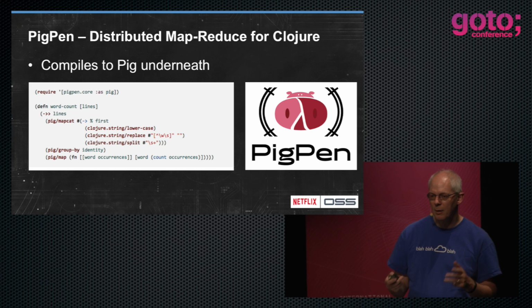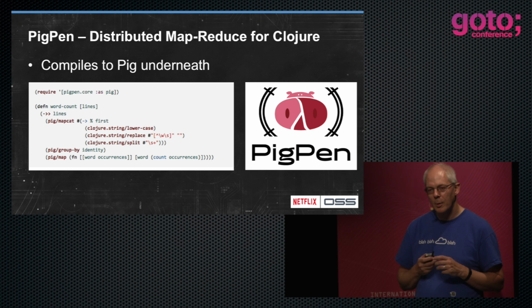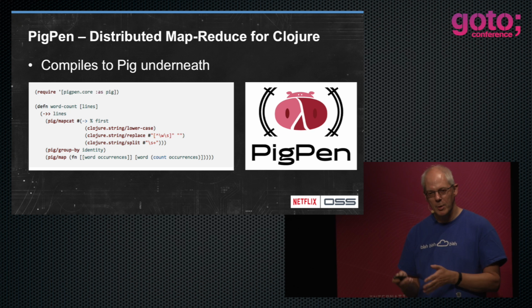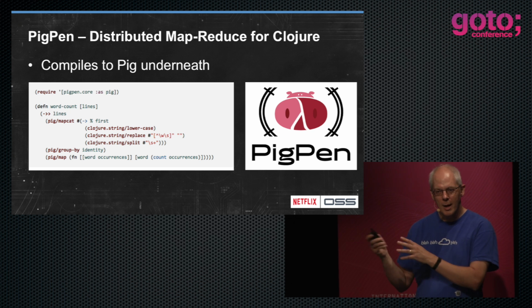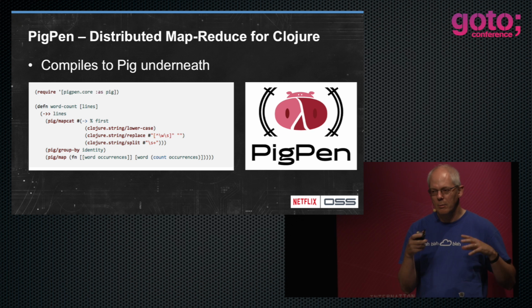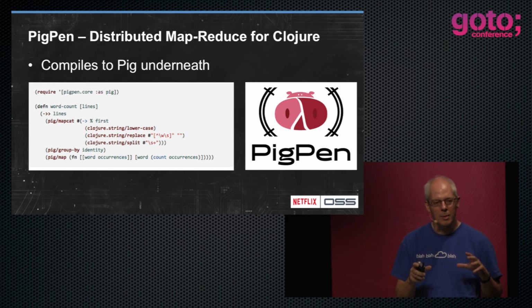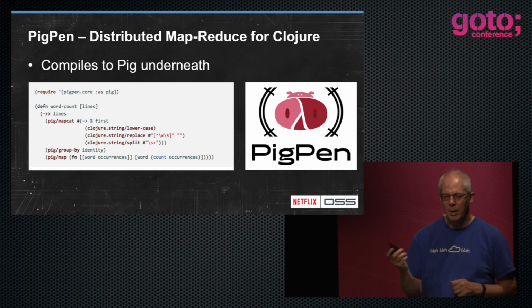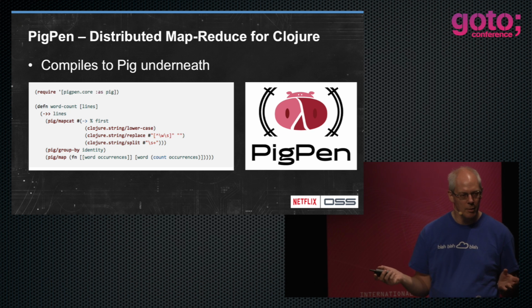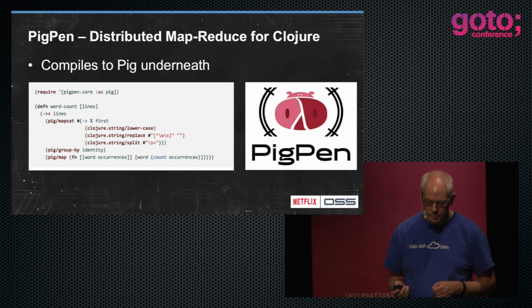Once you've got that logic correct, then you compile this using Pigpen, and what you get is actually a Pig program which you run on a Hadoop cluster. It's not actually in Clojure anymore, right? But it translates this Clojure thing that you can do rapid development and prototyping on your laptop and get the analytics the way you want it, and then you can spit that out and run it on a fully distributed large-scale calculation. So it's quite a nice tool.